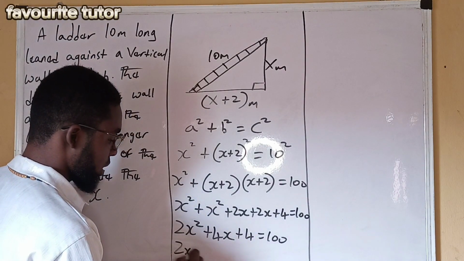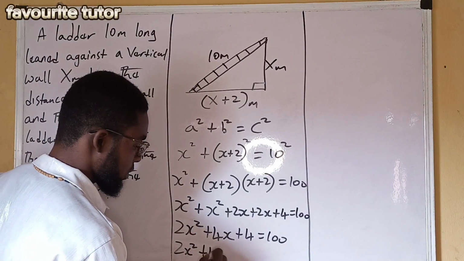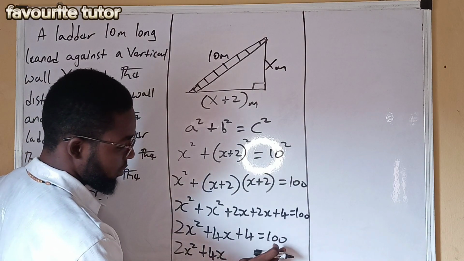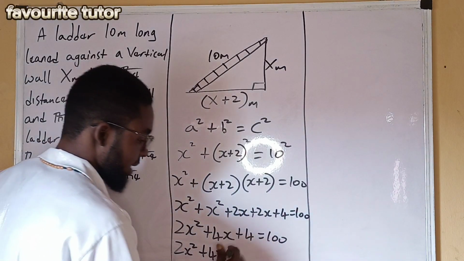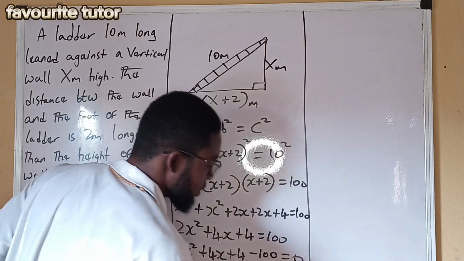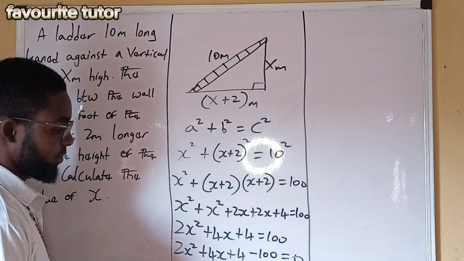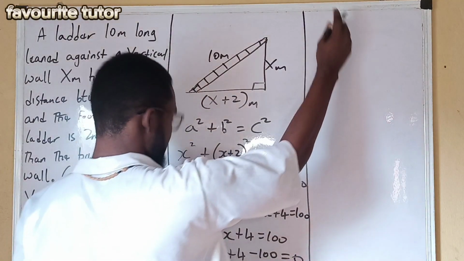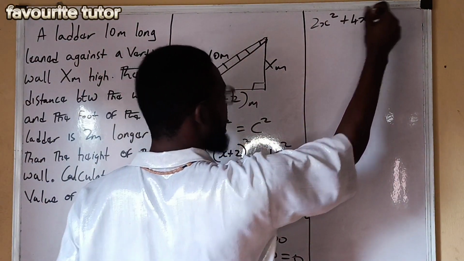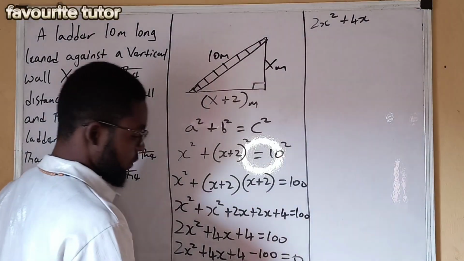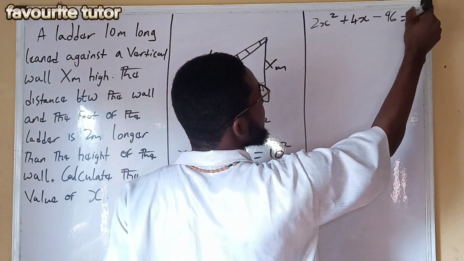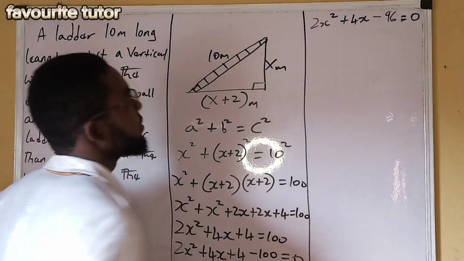This is the same thing as 2x squared plus 4x, then if I take 100 to this side, plus 4 minus 100 equals 0. So we have 2x squared plus 4x plus 4 minus 100, which gives us minus 96 equals 0.